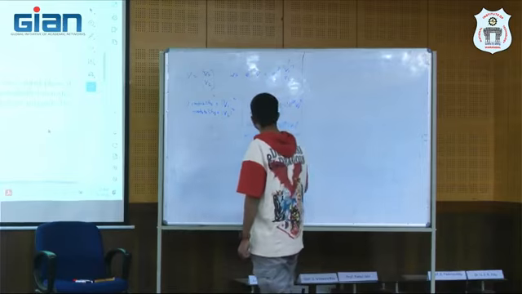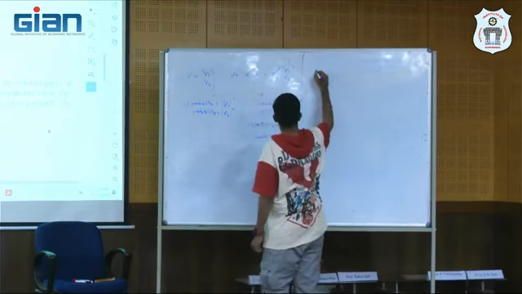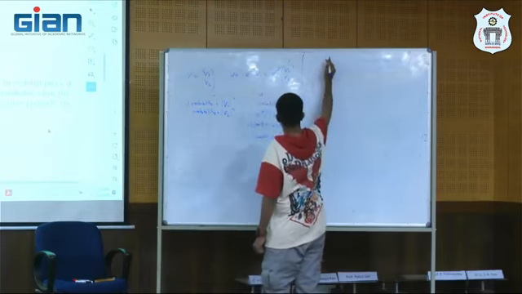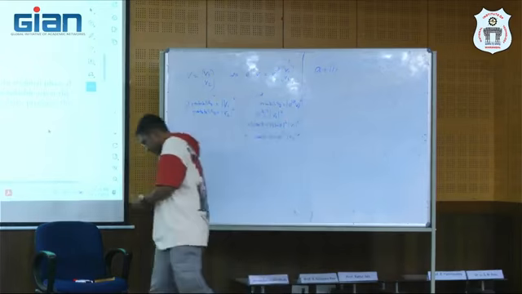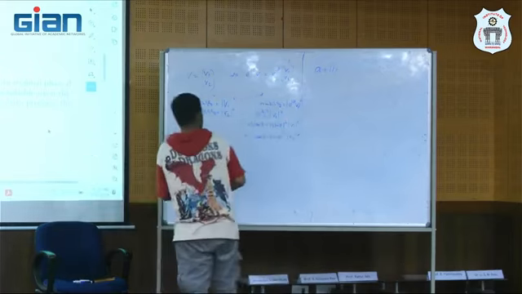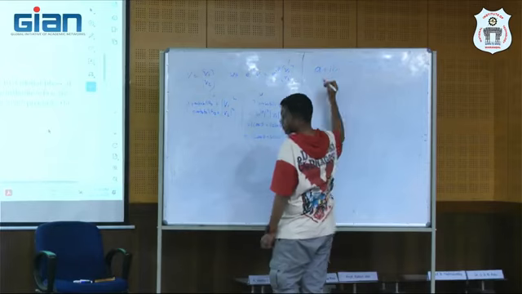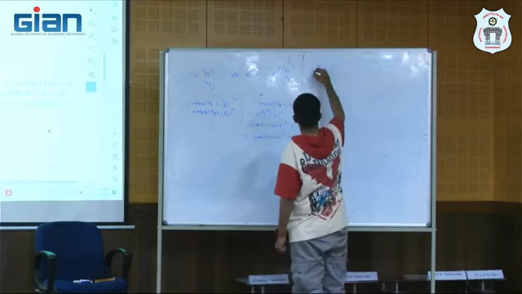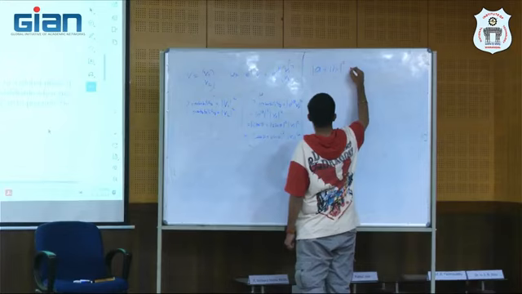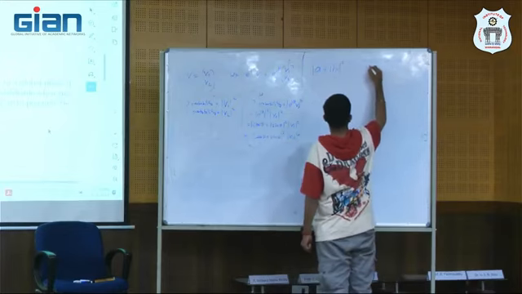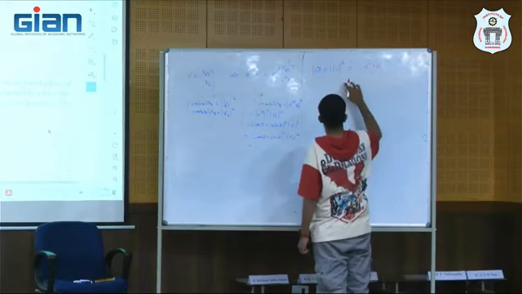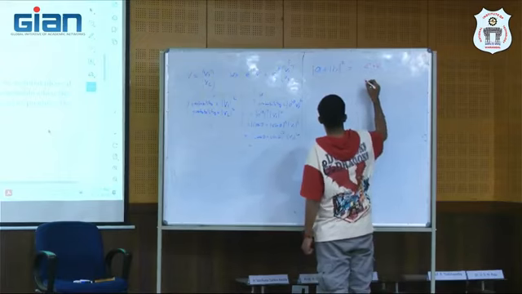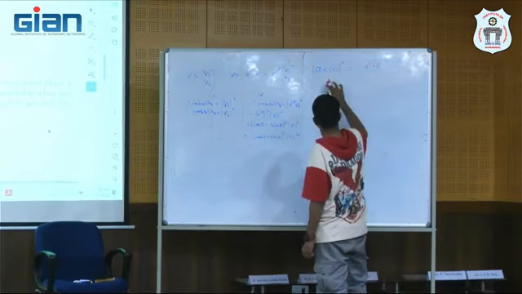Write a plus i b on the right hand side. Write bigger, people cannot see. Use a red pen maybe. Now write what is the mod square of this.